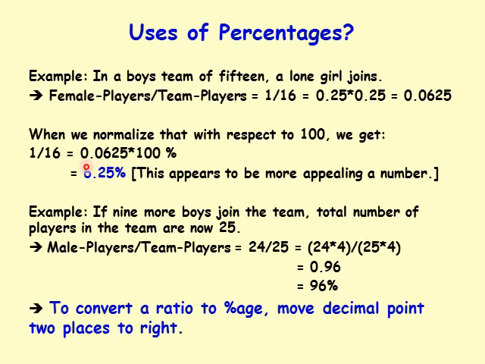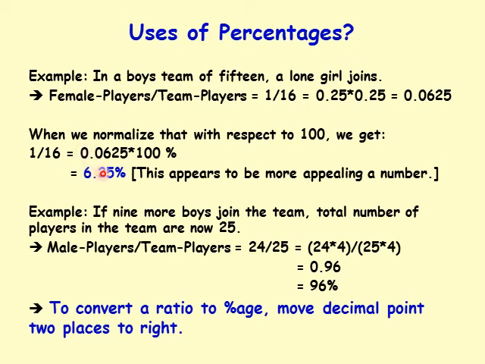Similarly, to convert a percentage to a ratio, we move the decimal place 2 places to the left. 6.25% becomes 0.0625. It's just a common practice to use a zero: if the whole part is zero and the decimal consists only of a fraction of a whole number, we usually write 0 point instead of just a point.